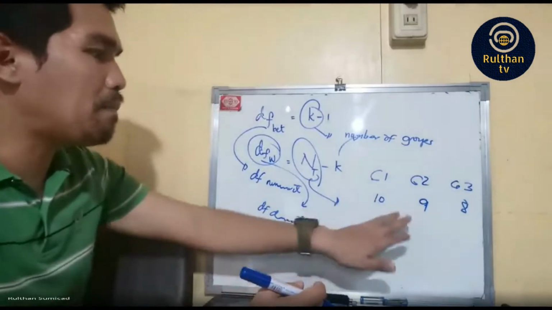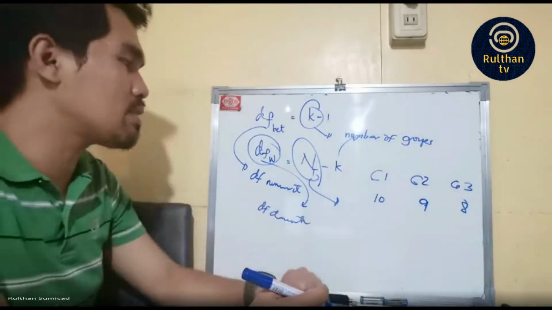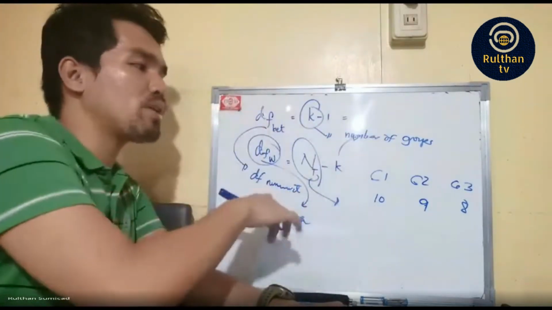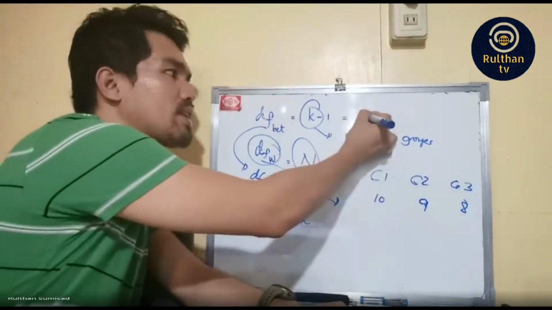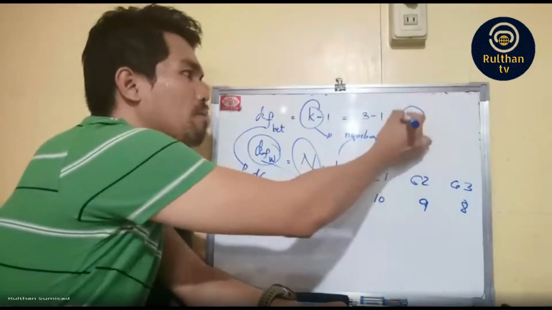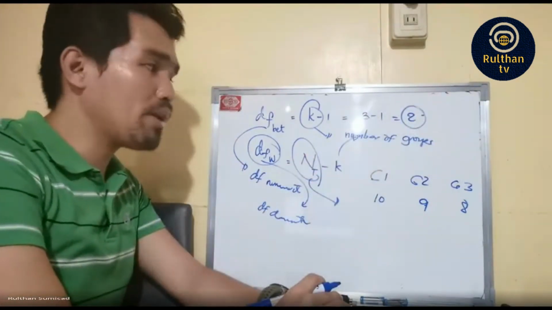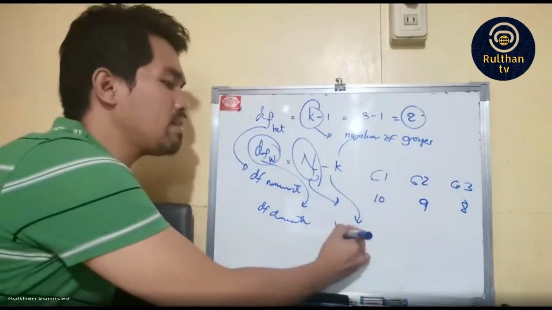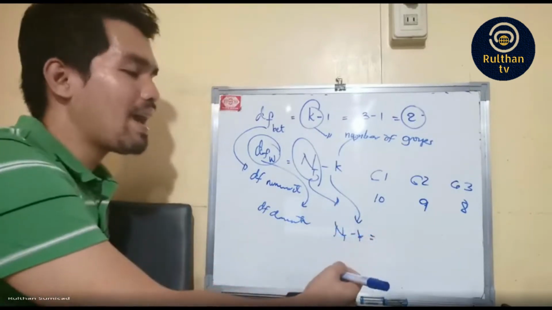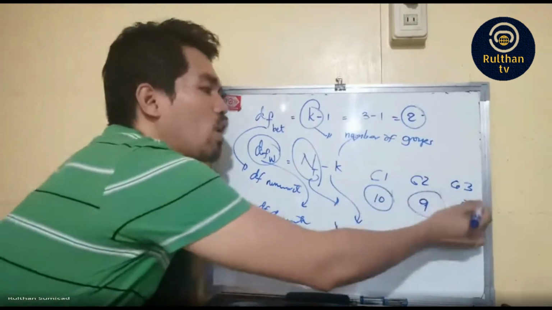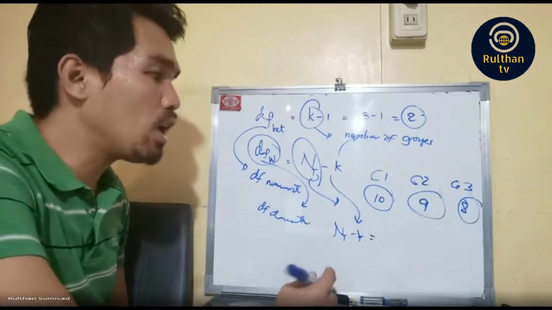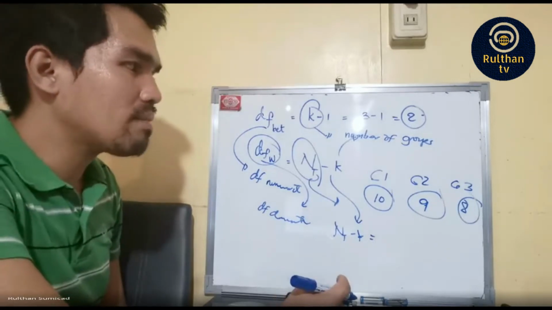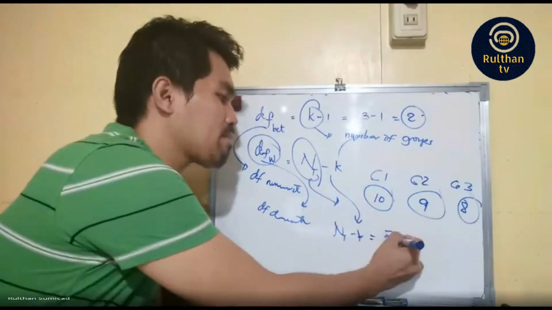So with our example, group 1 is 10, 9, and 8 respectively. To solve for the degree of freedom between, it's simply how many groups were there? We have groups 1, 2, 3. There are 3 groups, so that's 3 minus 1, which is 2. That's the df between. The df within is n sub t minus k. N sub t is simply adding all the respondents from group 1 up to group 3, so we have 10 plus 9 plus 8, which is 27. Then 27 minus how many groups?